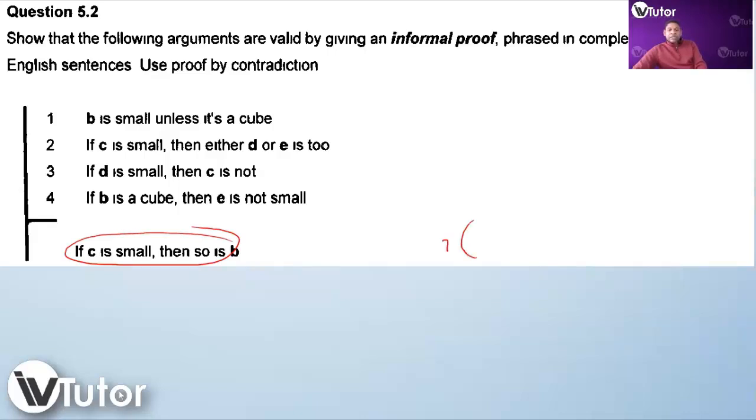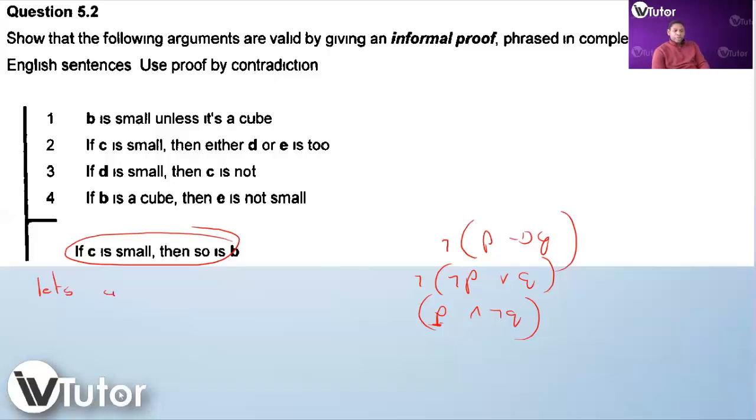If we want to negate P implies Q, it will be P and not Q. Or if we want to do it in English, we would say, if C is small, then so is B. The negation says C is small, and B is not small.